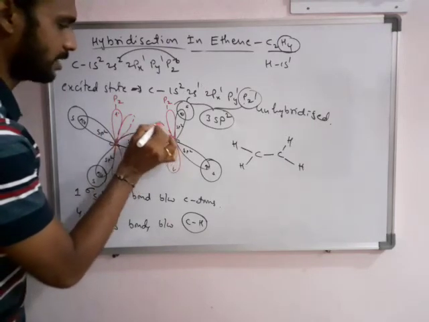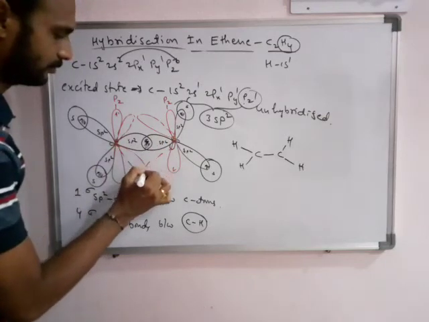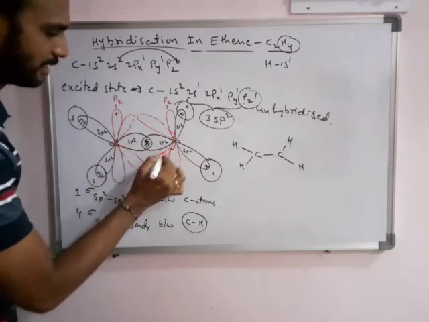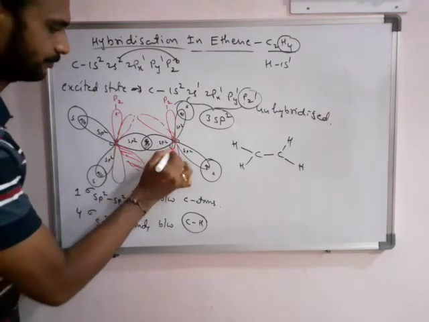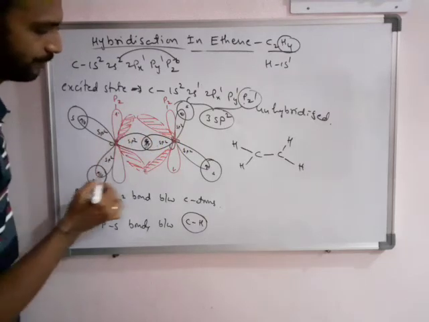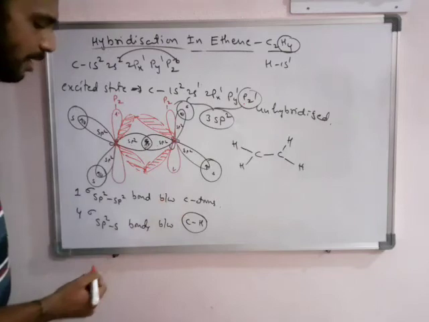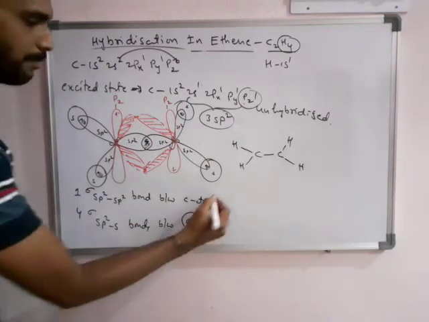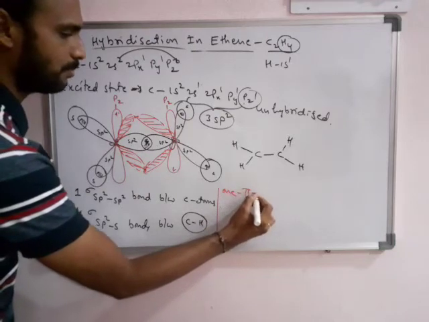Means on sidewise overlapping, a bond is formed. So this is called pi bond formation. Now there is a formation of one pi bond.